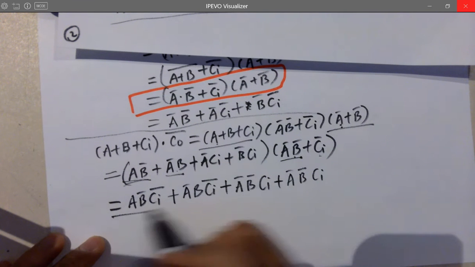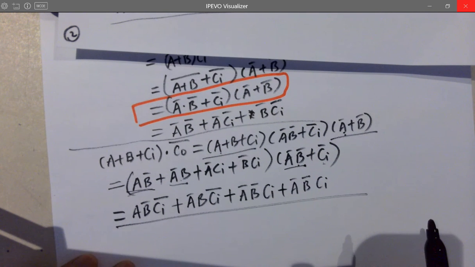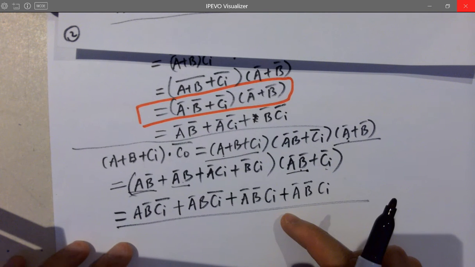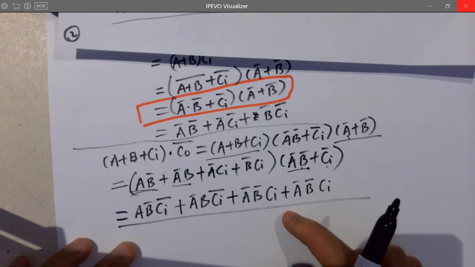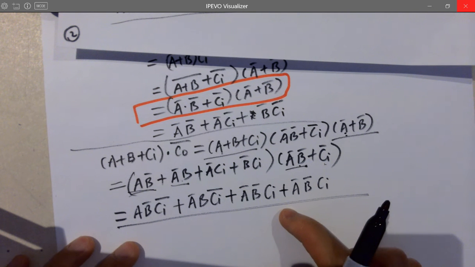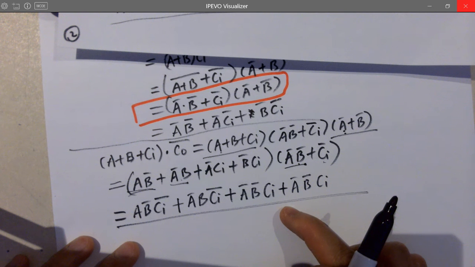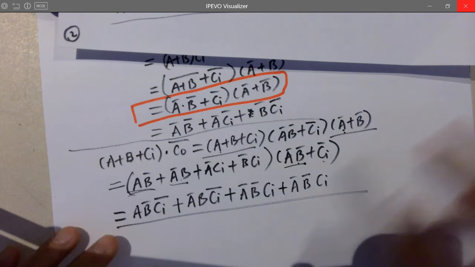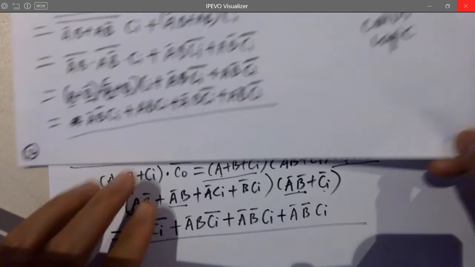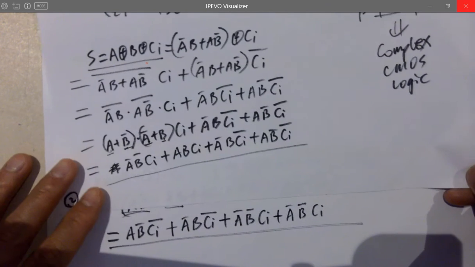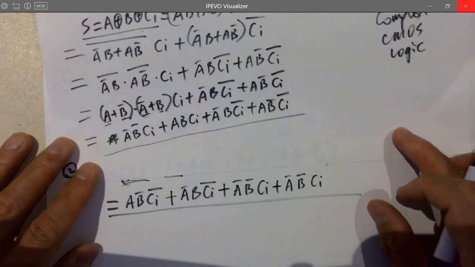So we have four terms left eventually. So the reason I want to do that is if you compare this one to the one we had for S, they are very similar. So that's the main goal here.